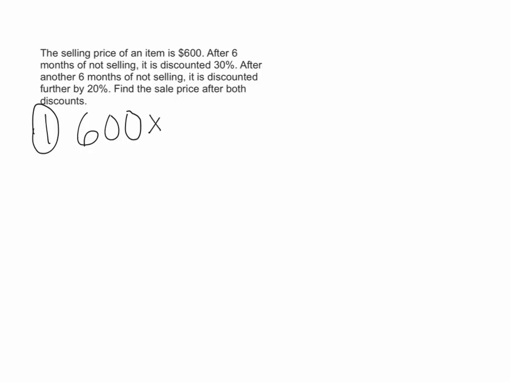So we'll multiply 600 times 0.3. And that gives us 180. So 180 is how much money they took off from the 600. So we need to subtract the discount, 180, from the original $600. And that leaves us with $420.